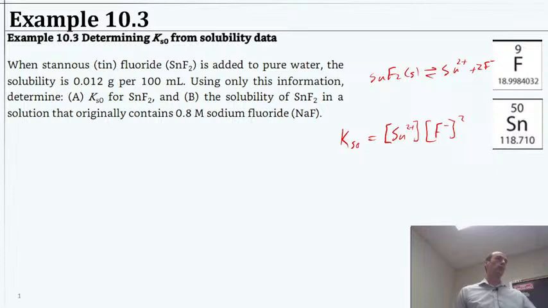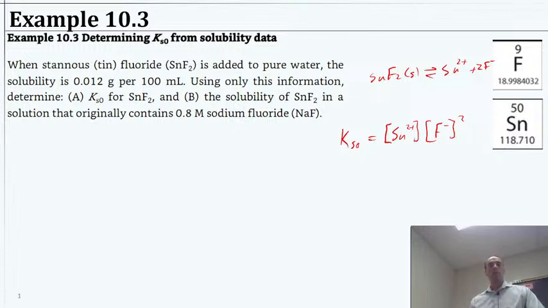The 2 there means we need to square that when we do the solubility product. Given that, and since we know exactly how much dissolves at our saturation point, we could solve for this amount of tin and this amount of fluoride, and come up with our part A.